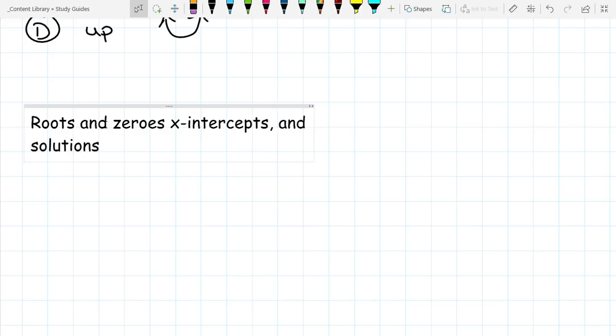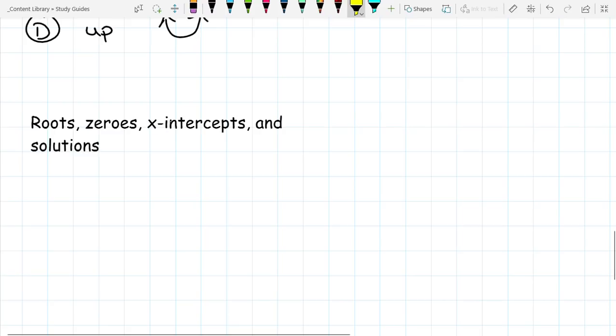These are all the exact same thing. They are just synonyms for one another. We use them interchangeably throughout our math courses. So the ones you're most familiar with seeing are x-intercepts and solutions. Roots and zeros are the newer ones that we haven't worked with as much, but we do use those words.